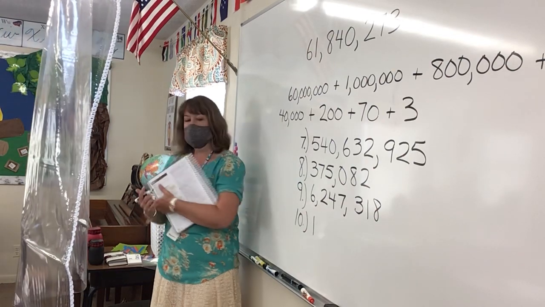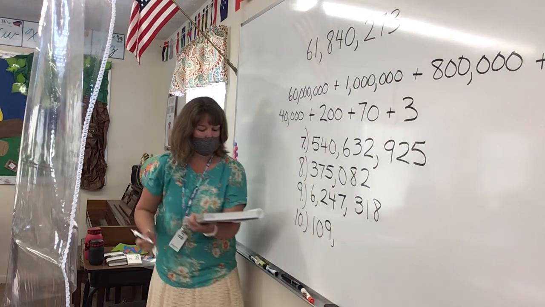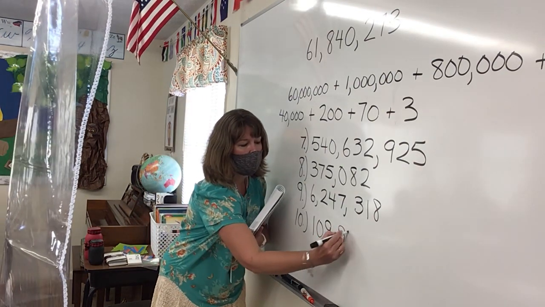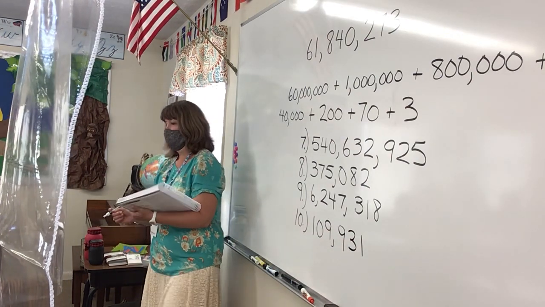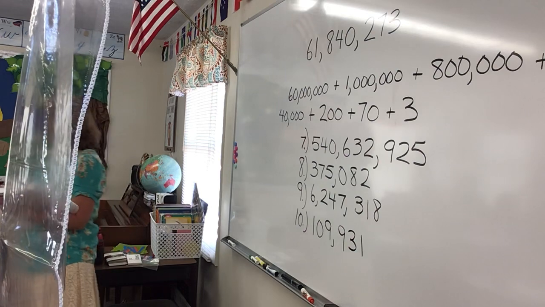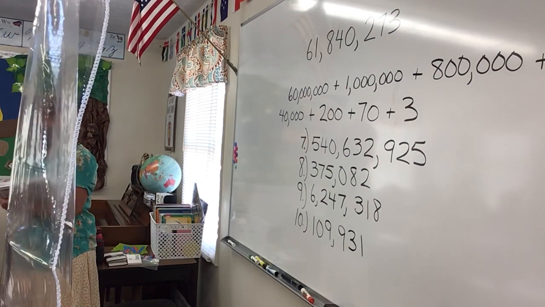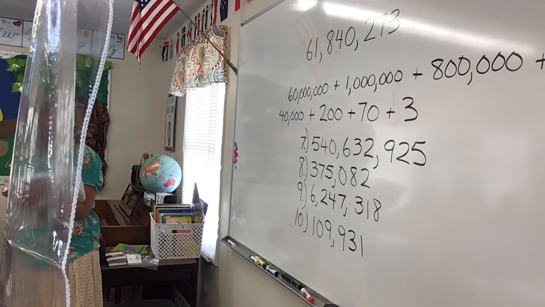A 0. And we put our 9 in the thousands, comma, 931. Good. Everybody have those written down? Good. Every once in a while I may do a book check just to make sure you're staying with me.